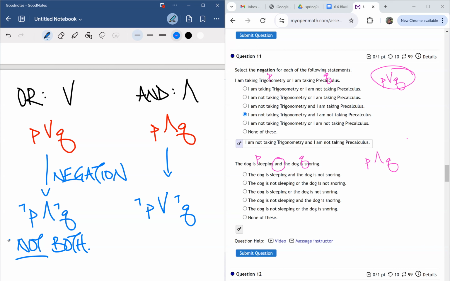All the P's and Q's become not P's and not Q's. If we have an or, it becomes an and, and if we have an and, it becomes an or.